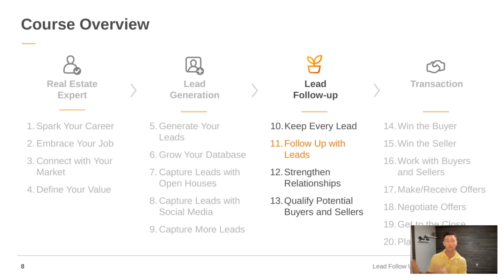This leads us into follow-up with leads today. And while we're walking through this piece, when you have a lead, the goal here is to begin ongoing two-way communication with that lead.